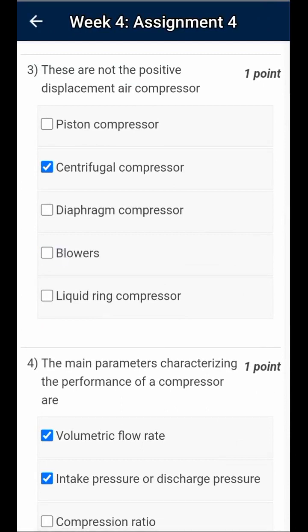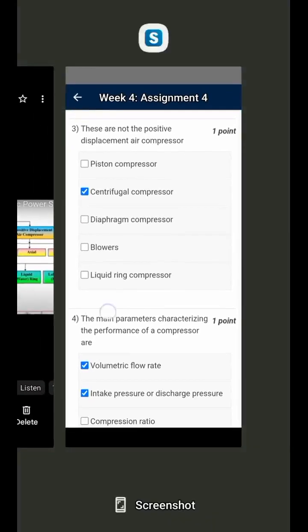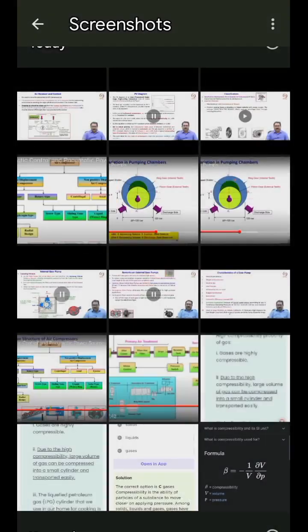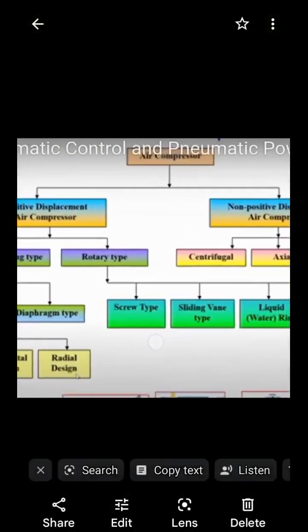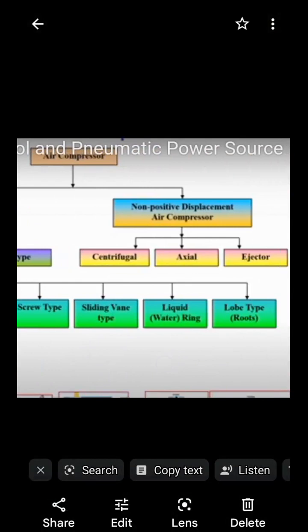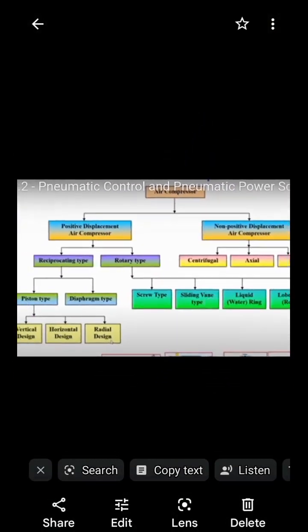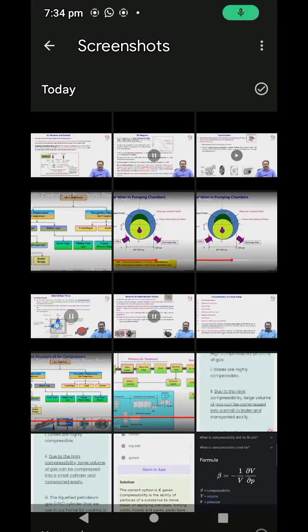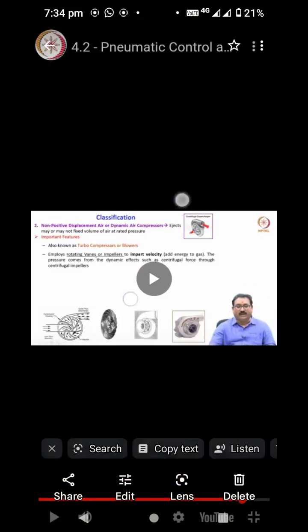And this blower, remember, blowers may be positive or non-positive, but first we have to check that. I will show one picture. In this particular tree diagram it is not mentioned whether the blower is of non-positive type or positive, but in our question they are asking only the non-positive type.